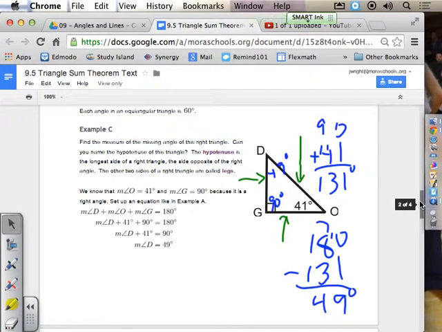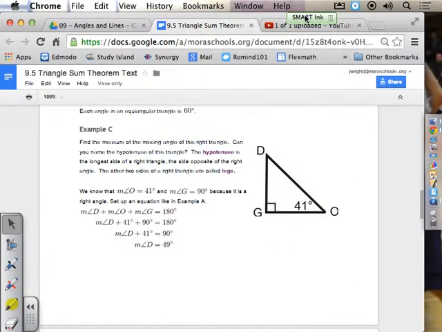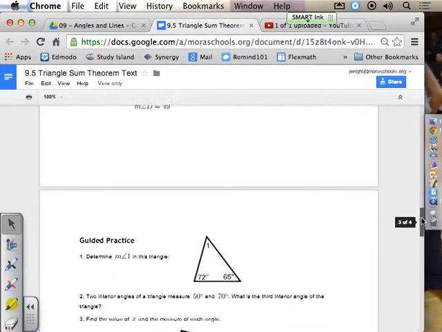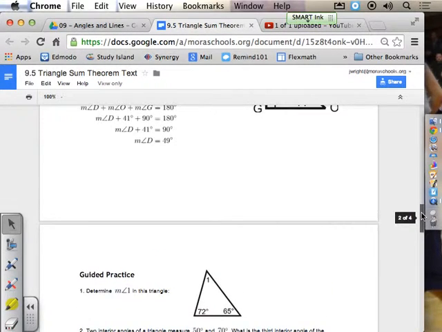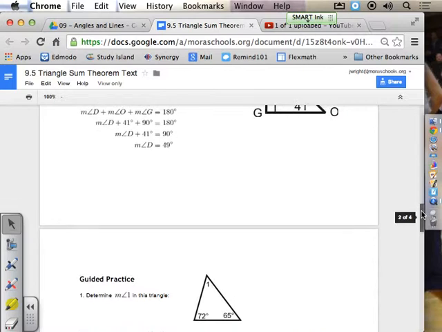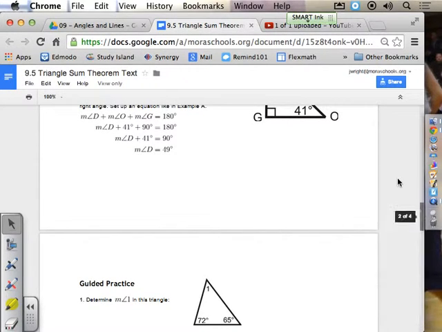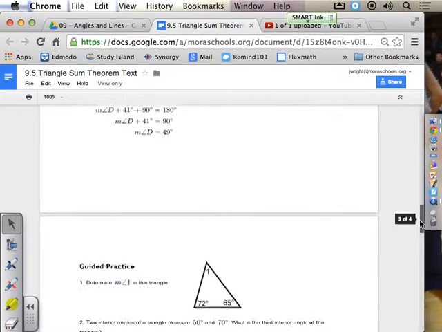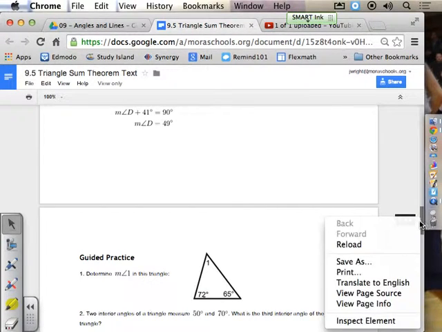Let's get into some practice problems a little bit, see how we do with this. Okay, there's number 1. Why don't we look at that, and what would the measure of angle 1 be? Well, if I add 72 plus 65 and I subtract from 180, I should be able to figure out angle 1.